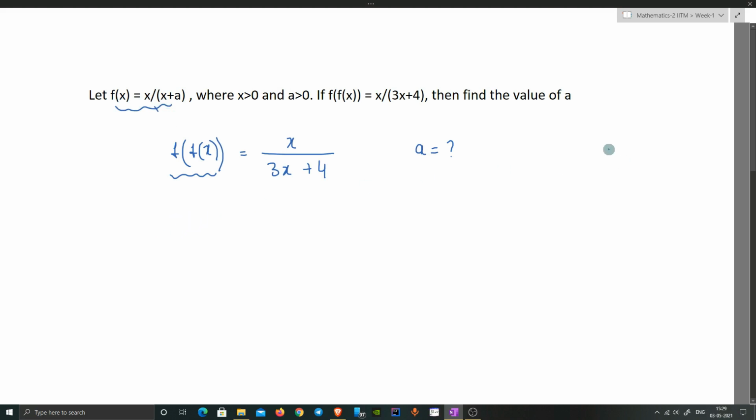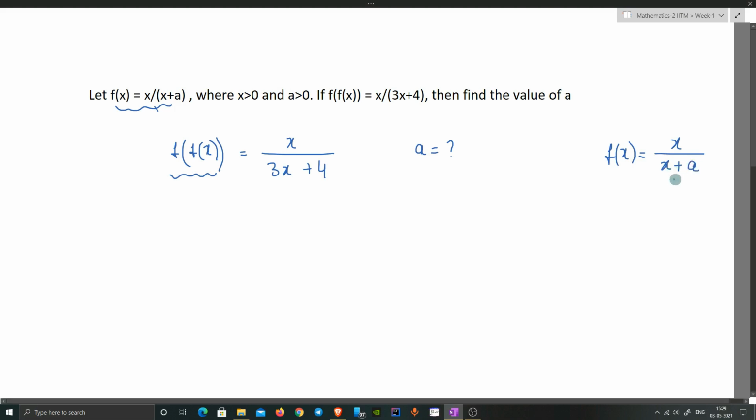F of x is nothing but x by x plus a. In the f of x, wherever we find x, we have to substitute this whole expression. So f of f of x is given by x divided by x plus a, whole divided by, again, x divided by x plus a, plus a.